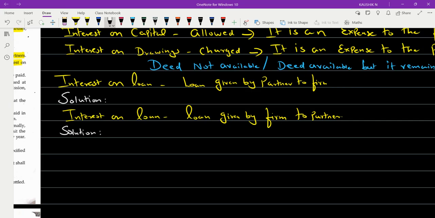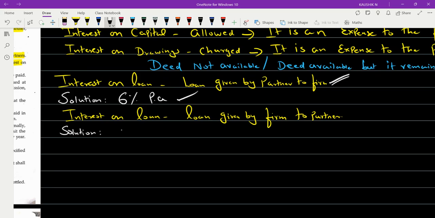Interest on loan given by partner to the firm, or loan given by firm to partner. So partner to firm, that means the first case. As I said, it is 6% per annum. Yes, the answer is right.